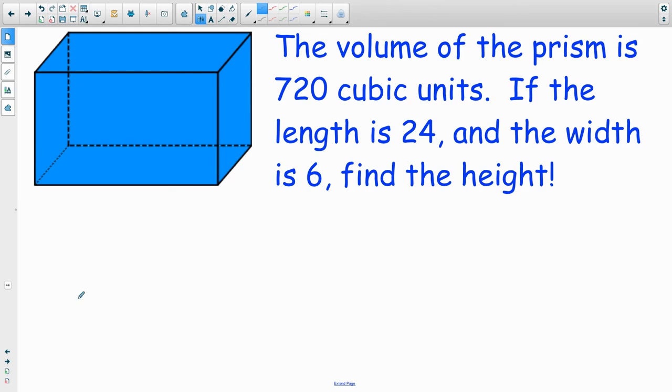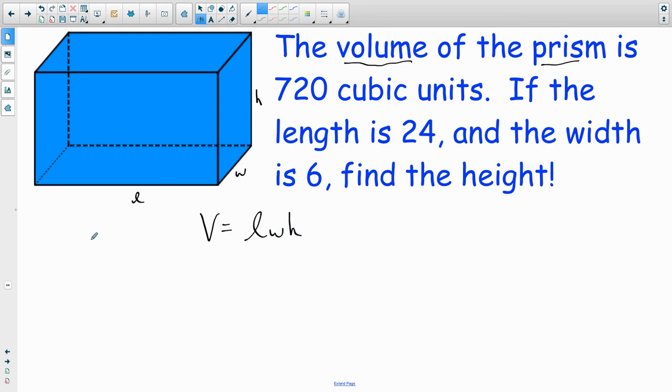Okay, let's see if we could handle this. So again, volume is what we're talking about, and I could see in the picture that this prism is a rectangular prism, right? That has length, it has width, and it has height. And I know that the formula for the volume of a rectangular prism is length times width times height.